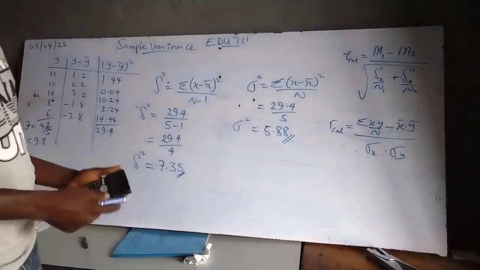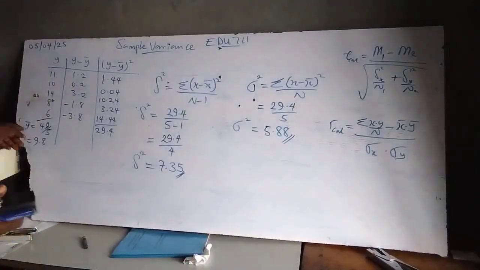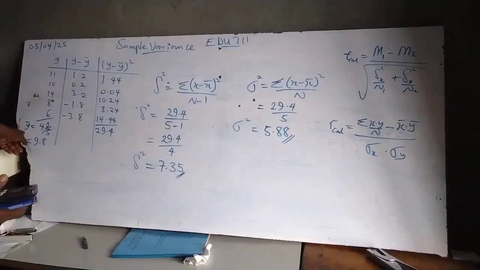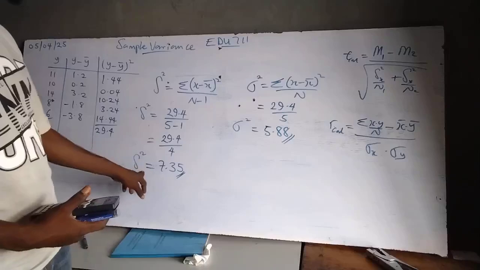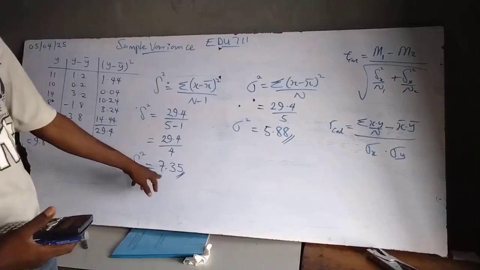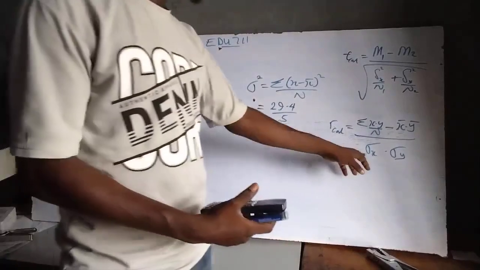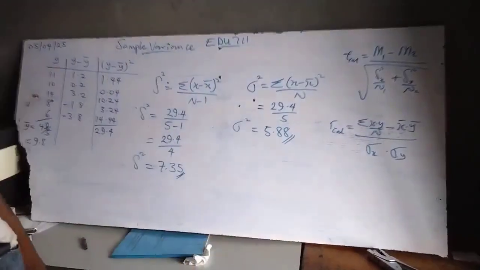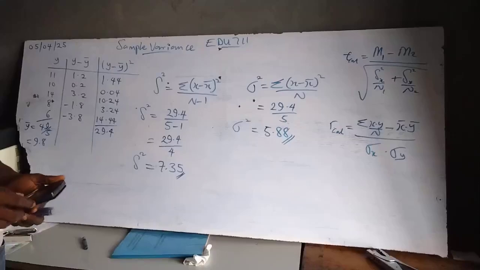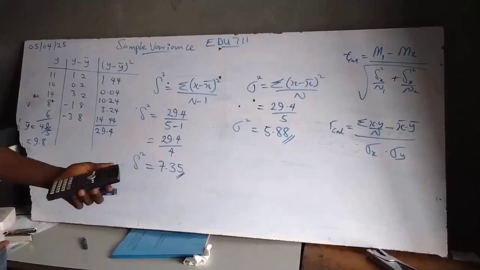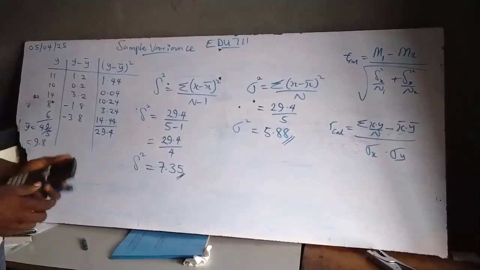So let's see. It means we need the mean for the two cases, and we need s square for t-test, and we need sigma, which is standard deviation, for correlation. So let's see how we can achieve these values with our calculator.